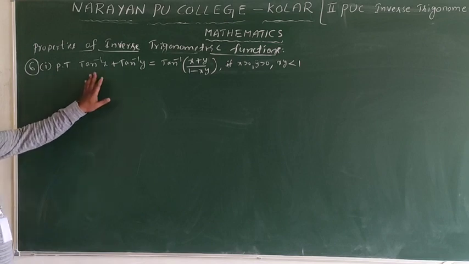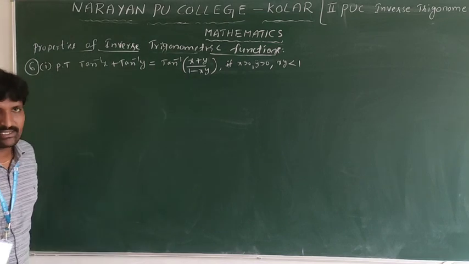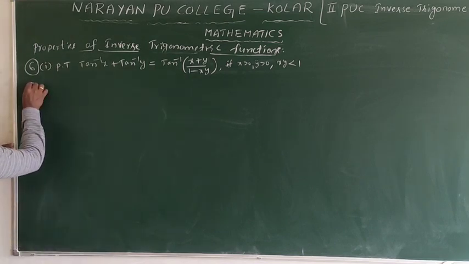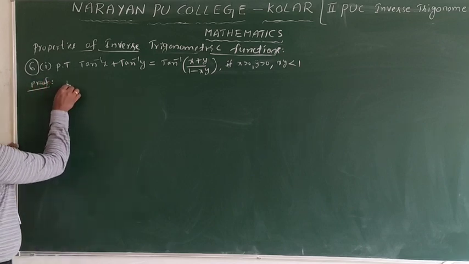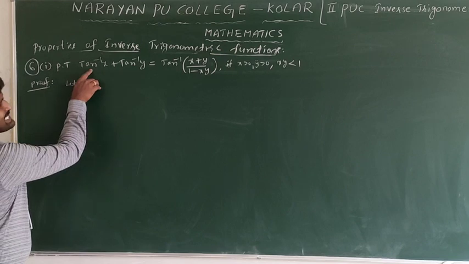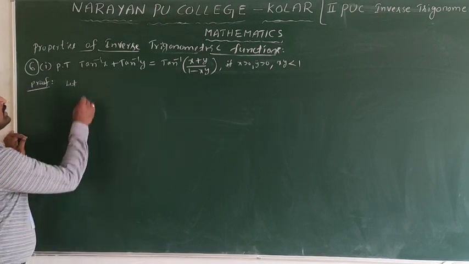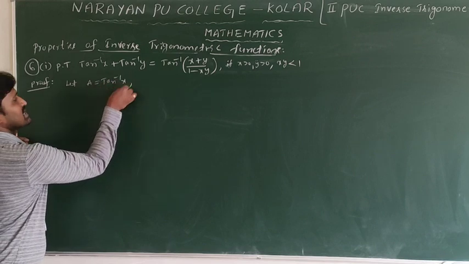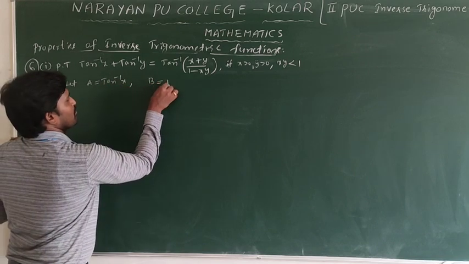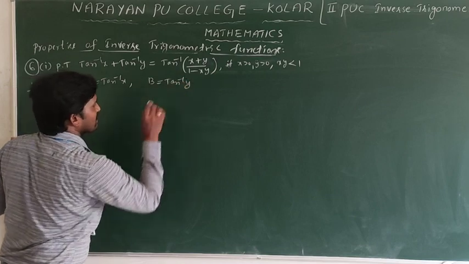For this we need to prove from LHS to RHS. Now let's consider this is A and this is B. Let A equal to tan inverse x, B equal to tan inverse y.